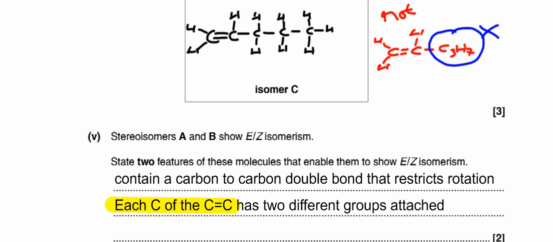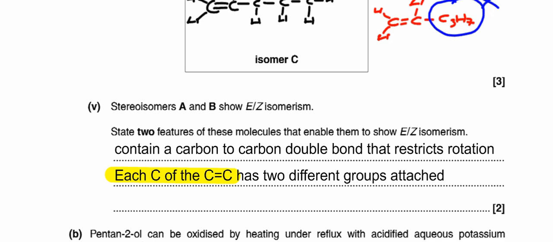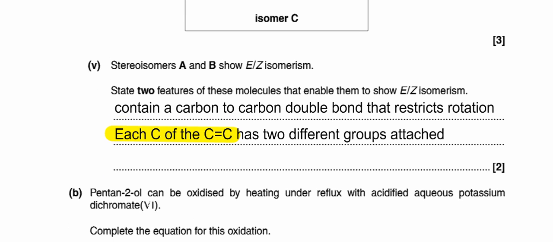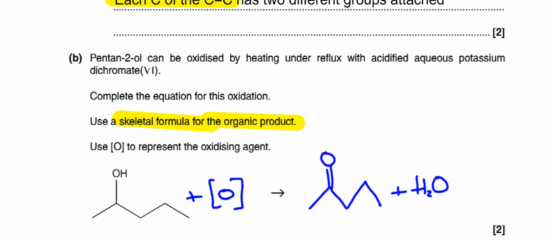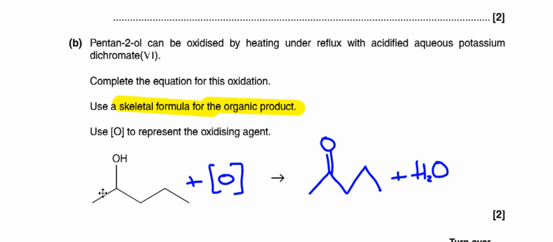Then the question goes on to ask, if it's oxidized, can you write me an equation for it? Notice here that they want you to use skeletal formula for the organic product. So you don't have to put water in a skeletal formula, because that's not an organic product, because it doesn't have carbon. So we've got for our formula here, it's a secondary alcohol. So with [O] in square brackets, we produce a ketone plus water.